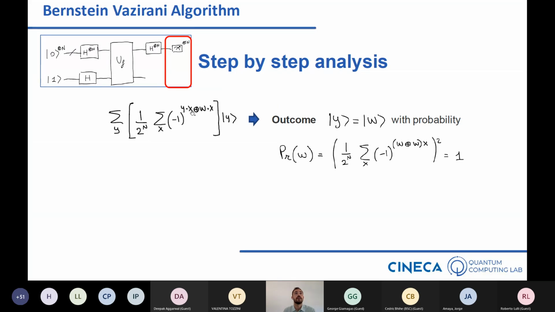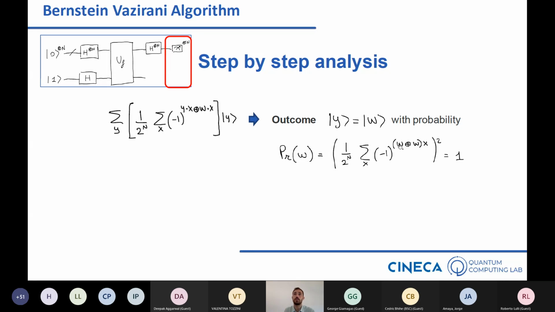If you look here, you get the following. If you assume to measure y equal to omega, let's see which is the probability. You substitute y with omega, and you get omega times x plus omega times x. We group together the two omega, so it's omega times omega multiplied by x.